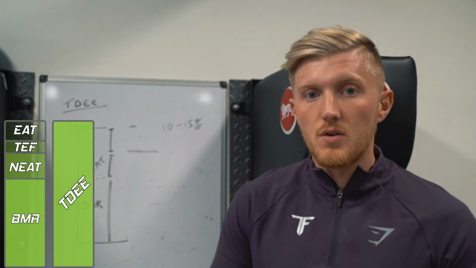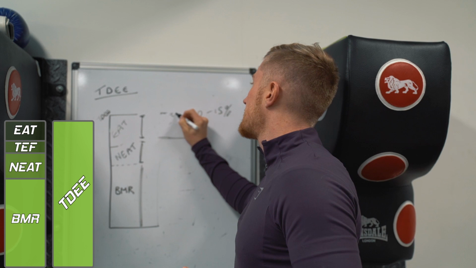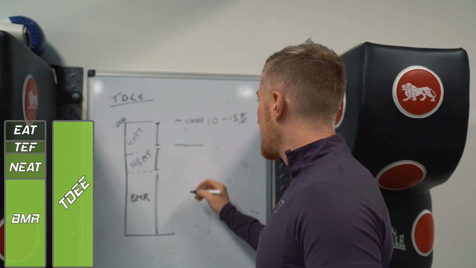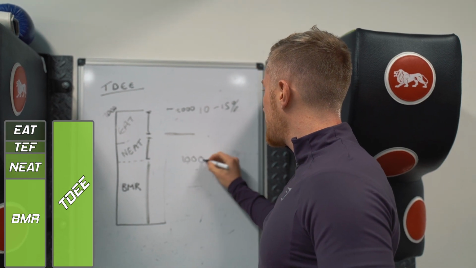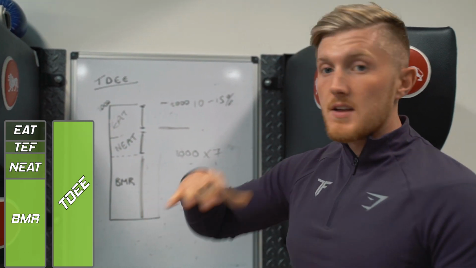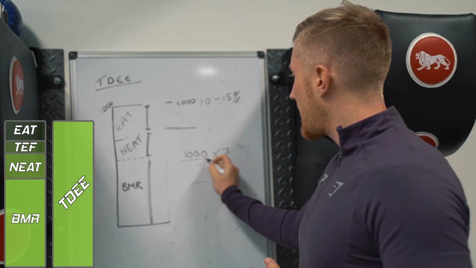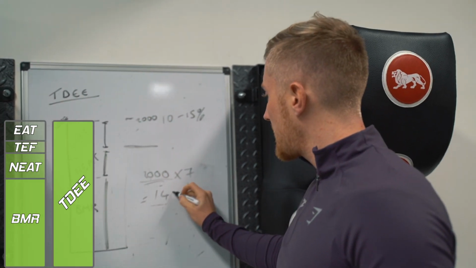So your calories start here. Let's say, for talking's sake, for simplicity, it's 2,000 calories to maintain your weight. Times that by 7 days in a week, which equals 14,000 calories.